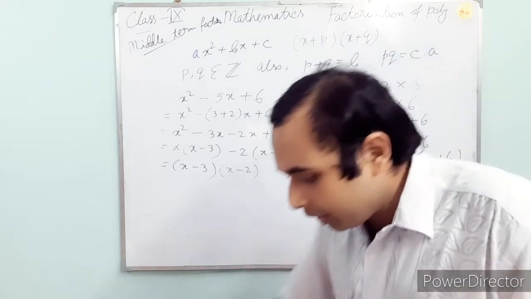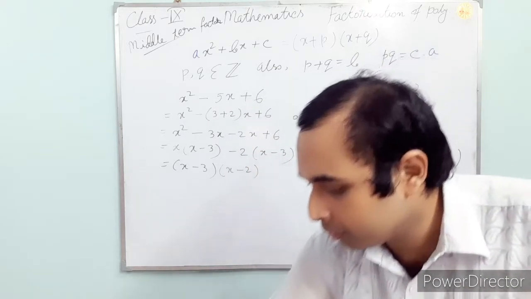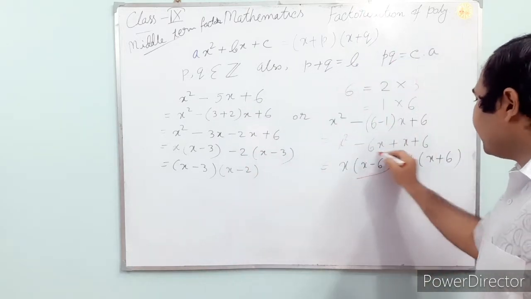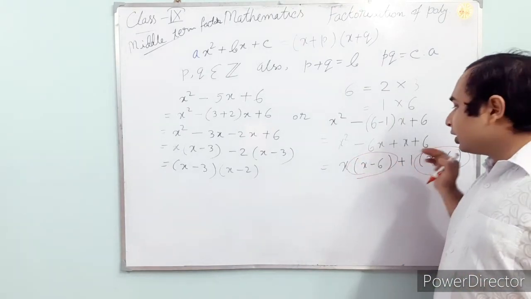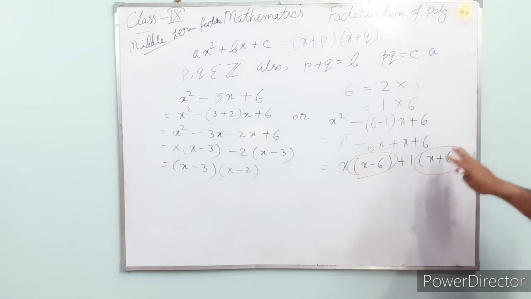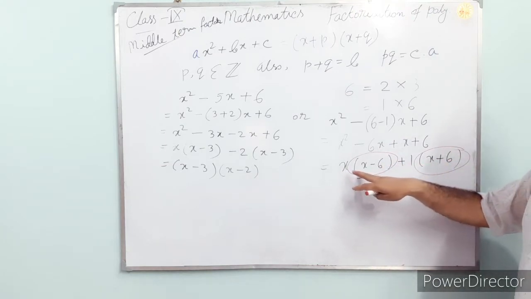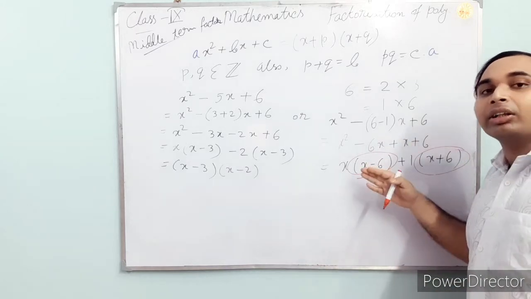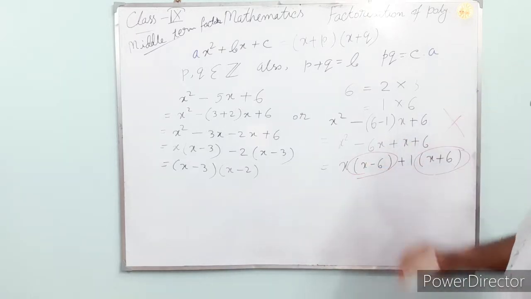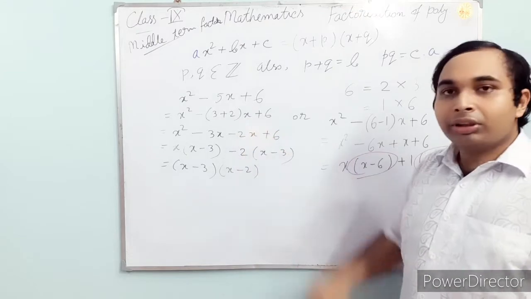Just see here, here x minus 6 and here it is x plus 6. Those are different. So we cannot proceed further. We cannot take common from those two. So we have to finish here, and this is not the factorization. This is wrong. That's why we have to take this one.